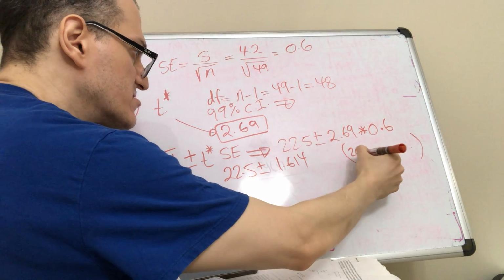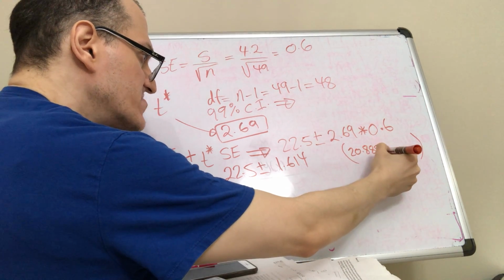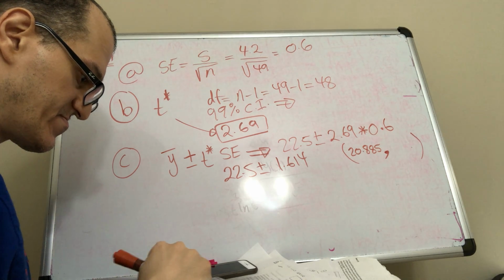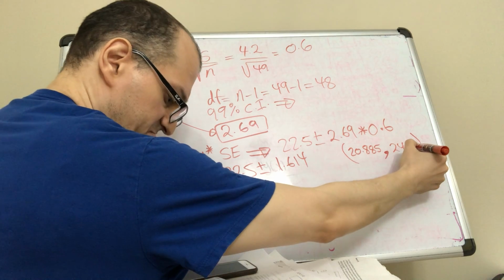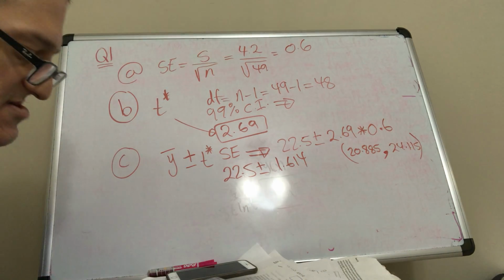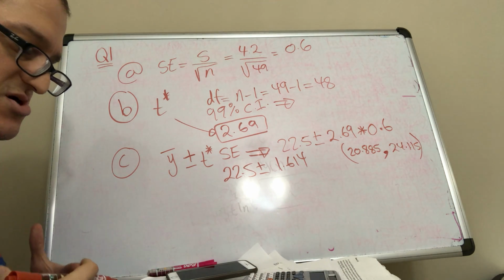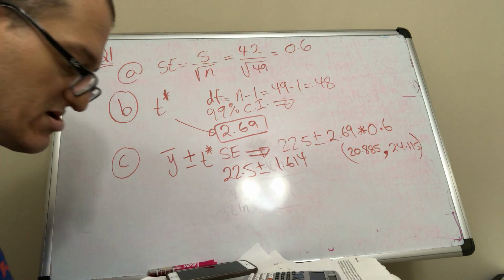When you subtract, it'll take you down to 20.885. When you add, it'll take you to 24.115. It tells you not to interpret the confidence interval, but I'm still going to do it.